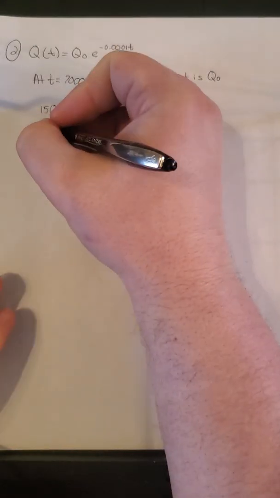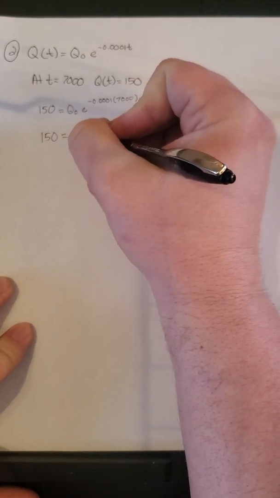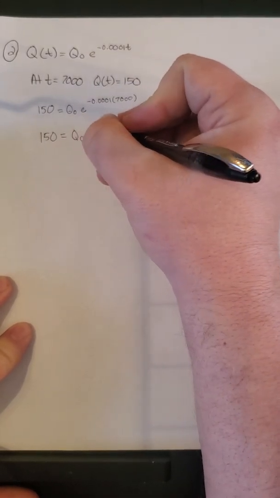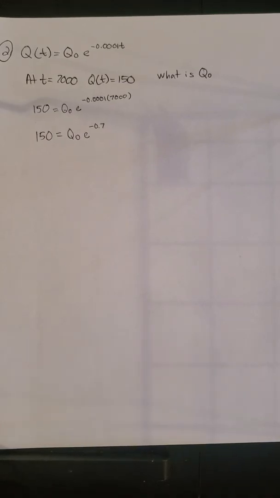When you do that, you get 150 is equal to Q sub 0 times e to the negative 0.7 power. Actually, we won't have to use a logarithm. I don't know why I said that.